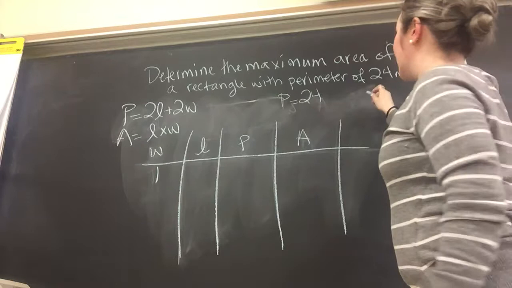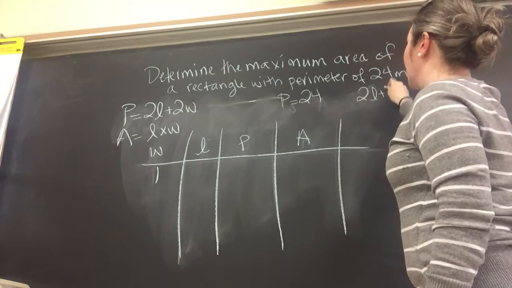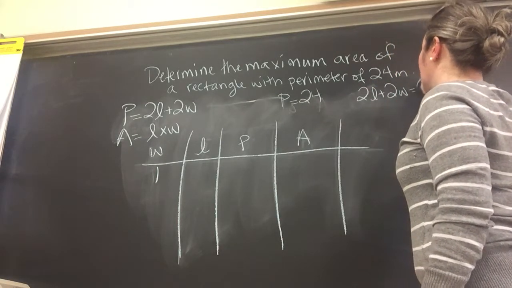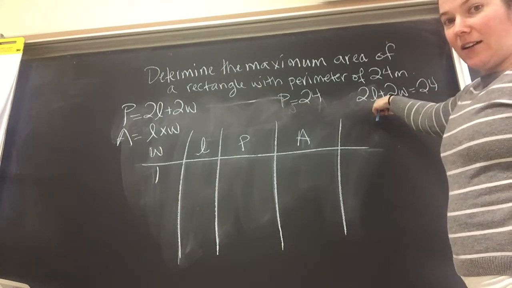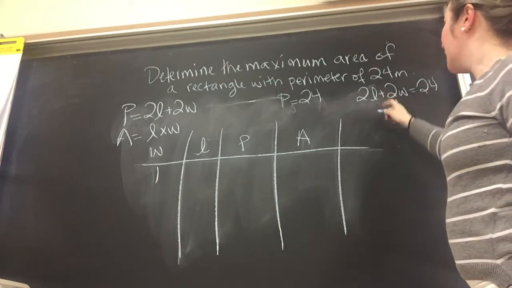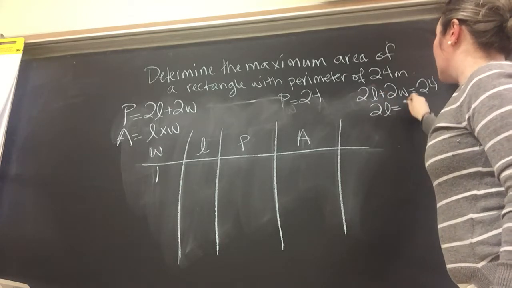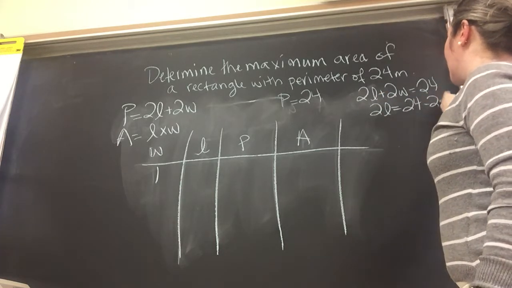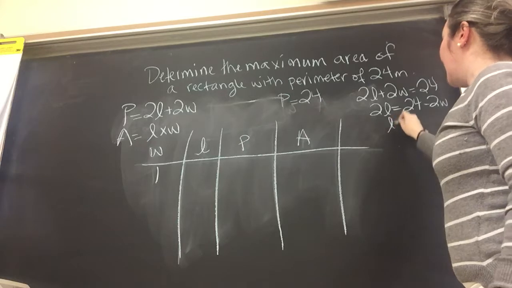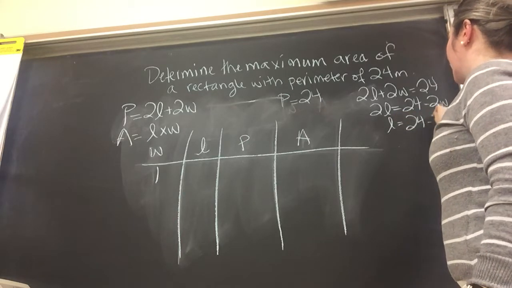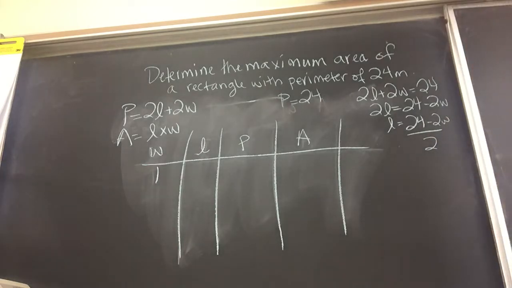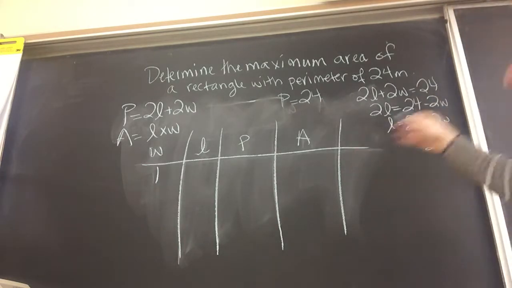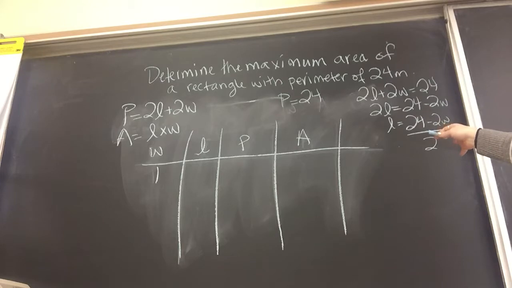Well, let's look at 2L plus 2W equals 24, and I want to isolate for L using our algebra. So 2L equals 24 minus 2W, and L equals 24 minus 2W, all divided by 2. Note that formula. That's the formula that we're going to use.